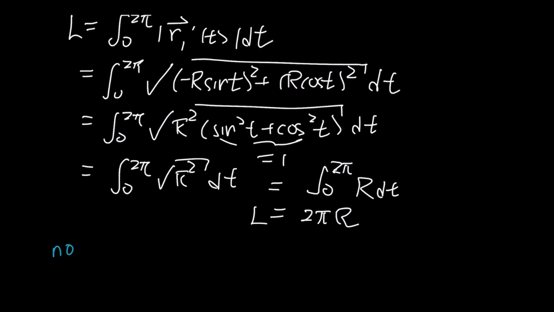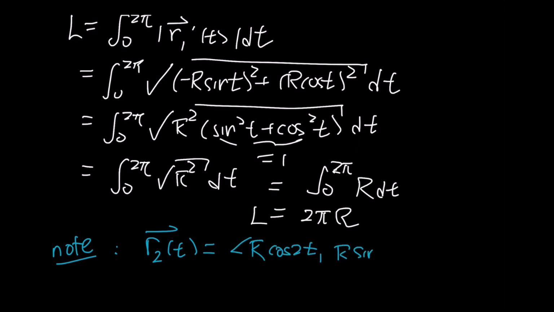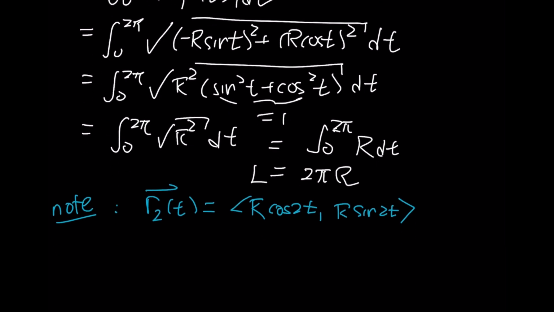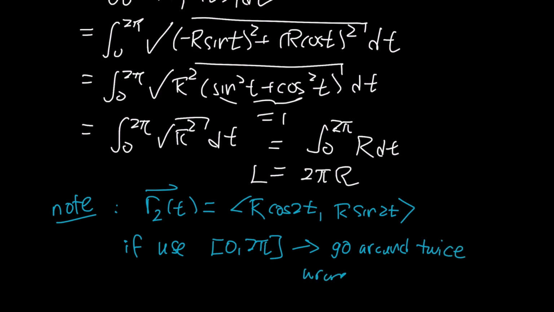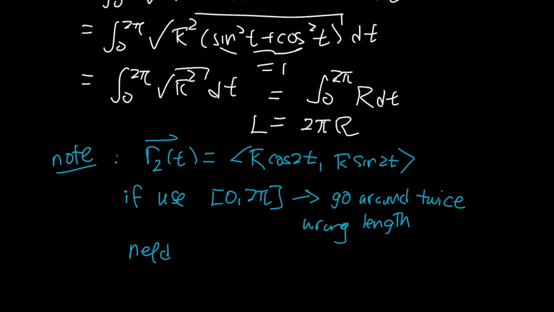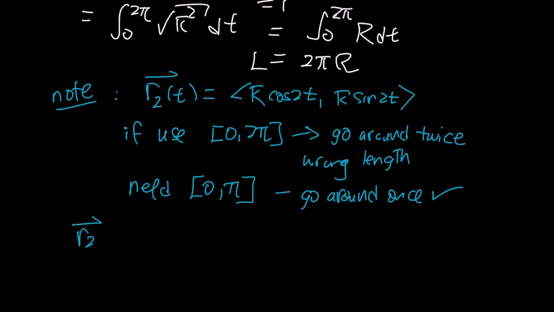Now note, if I were to use this other path, r2, which is cosine of 2t, sine of 2t, I have to be a little bit careful. If I use this time interval 0 to 2 pi, that means I'm going to go around the circle twice. That would violate one of those additional conditions where we said we only want to traverse the curve once. So that means we need an interval from 0 to pi, because this would ensure that we go around the circle once. And if I were to do that, I would take the derivative r2 prime of t.